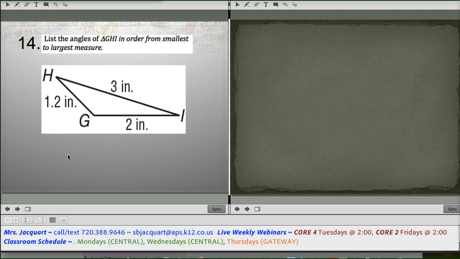Okay, so which side is the smallest? Well, the smallest points to my smallest angle.